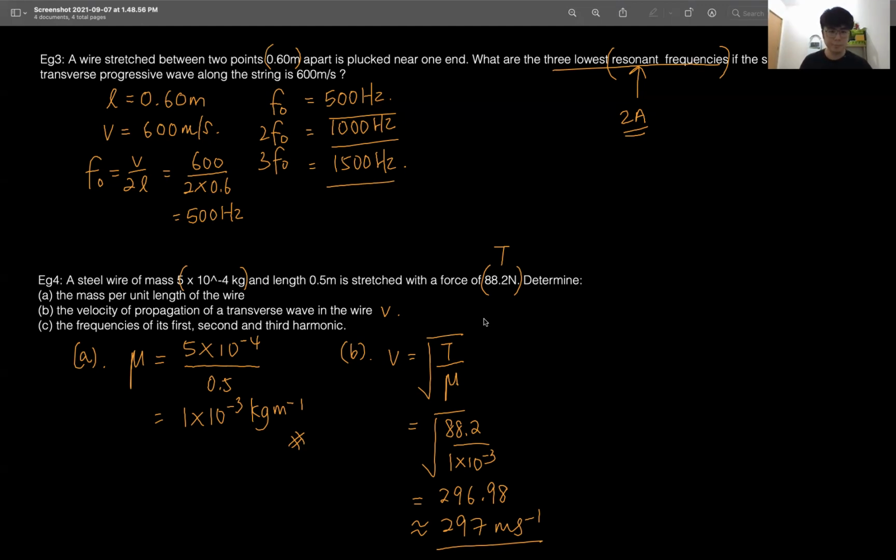C, the frequency of its first, second, and third harmonic. So the first harmonic, the fundamental, V over 2L equals 297 over 2 times 0.5, which is 297 hertz.